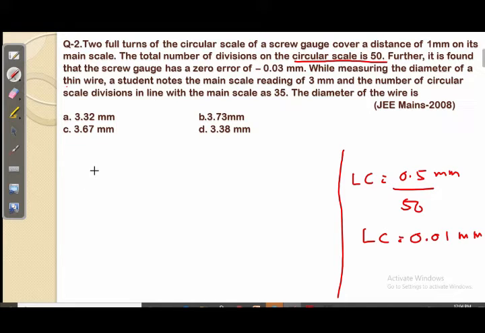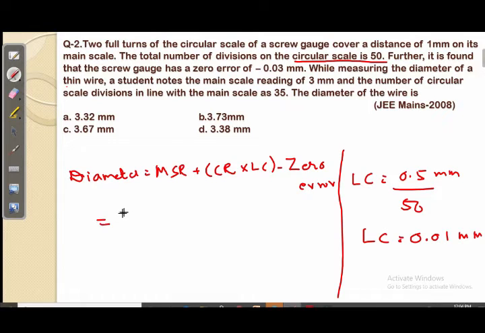Now we come to the actual solution. The diameter of the wire using the micrometer screw gauge is given by main scale reading plus circular scale reading into LC, minus zero error. The MSR is 3 millimeter, plus circular scale reading 35 into LC 0.01, minus zero error, that is minus of 0.03.